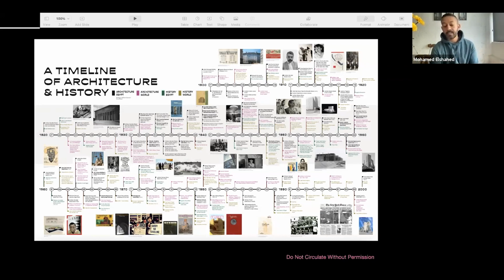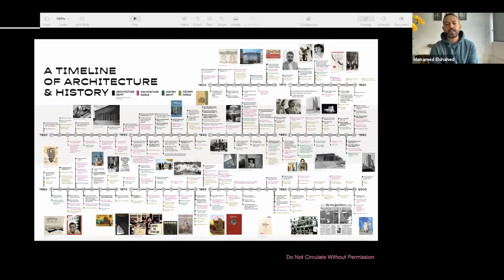That necessitated that I also add a layer of political and cultural events around the world that impact the development of architecture directly or indirectly.